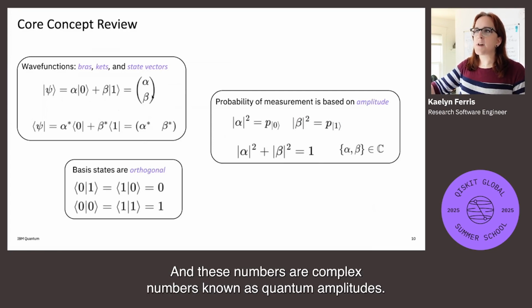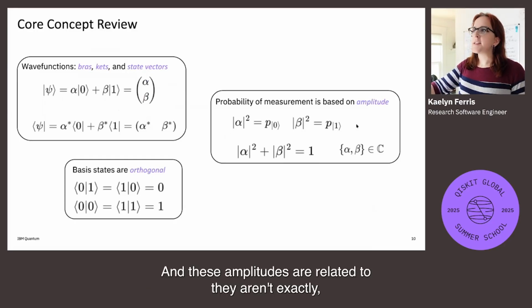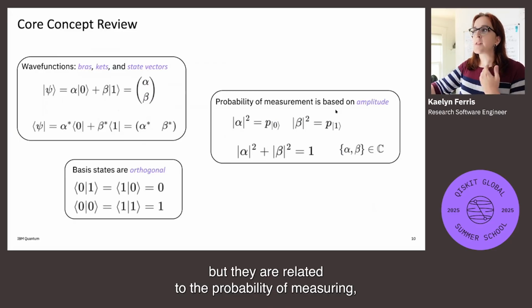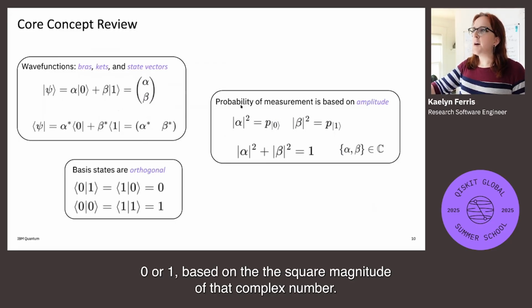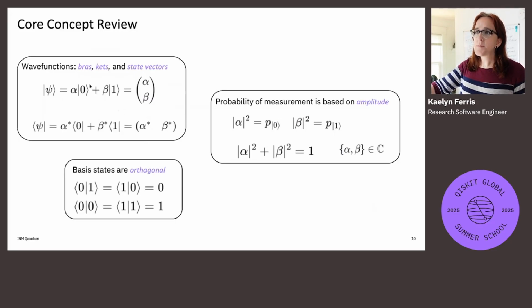These numbers are complex numbers known as quantum amplitudes. These amplitudes aren't exactly, but are related to, the probability of measuring, for example, either 0 or 1, based on the square magnitude of that complex number.